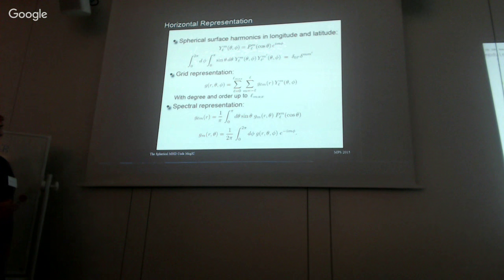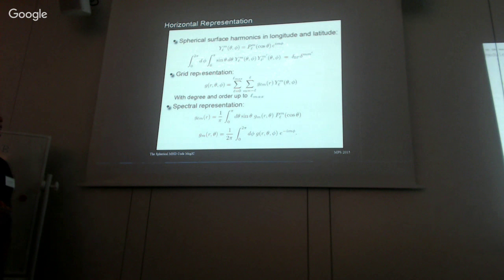Well, and then you have to choose some normalization, and what we do is we use what we call fully normalized spherical surface harmonics, which just means if you integrate the product of two with different L and M over a spherical surface, you end up with either 1 if the two L's are the same and the two M's are the same, or 0. So these are Kronecker deltas here.